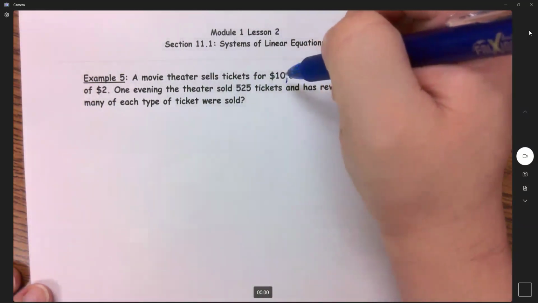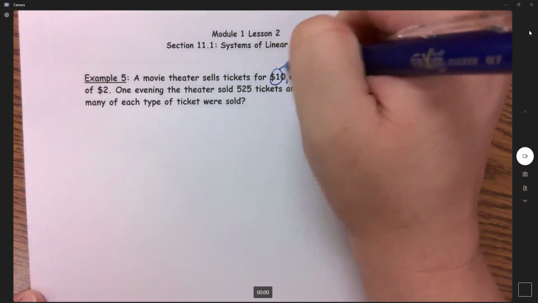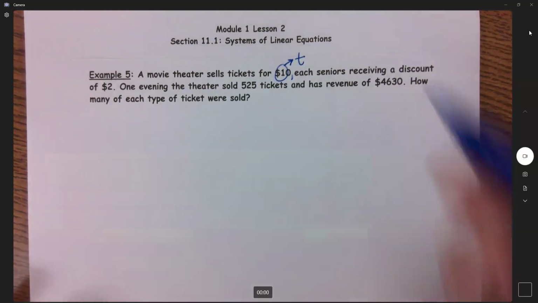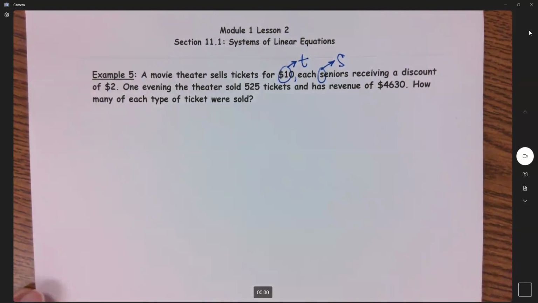I am going to have my $10 tickets be T, and then I'll have my senior discounted tickets be S.